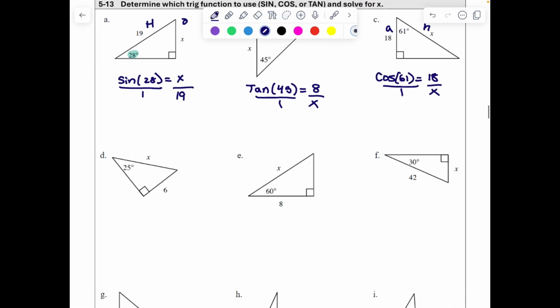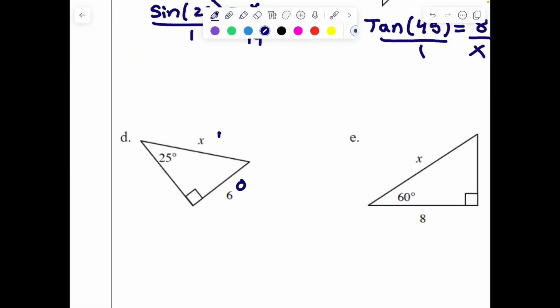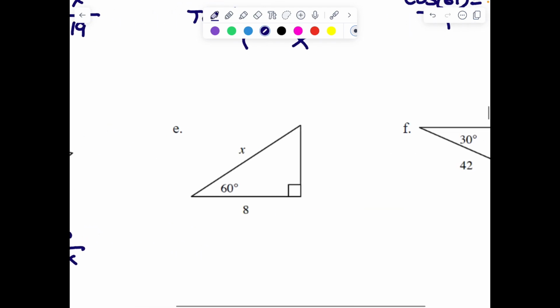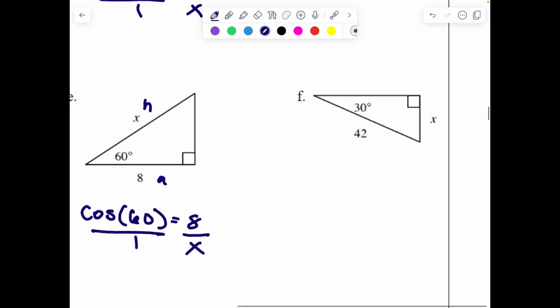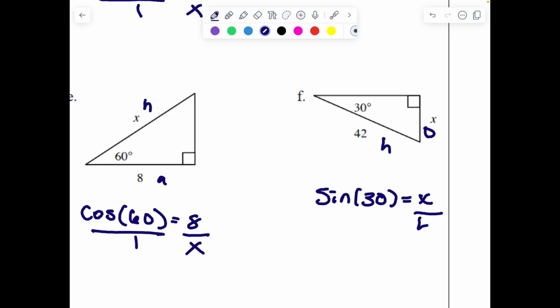And then over here, we have the opposite and the hypotenuse, so that's sine of 25 equals 6 over x, opposite over hypotenuse. Here we have the adjacent and the hypotenuse, so that's cosine, and that's going to be 8 over x. Here we have opposite and hypotenuse, so sine of 30 equals the opposite, x over 42.